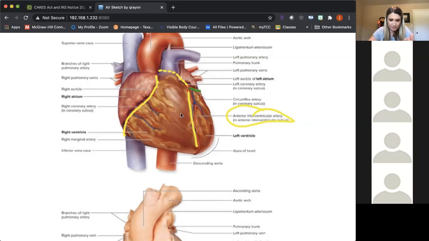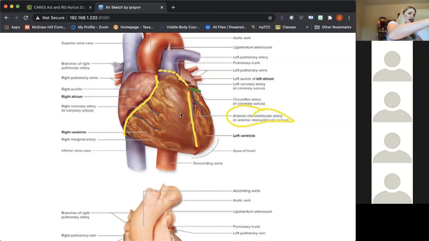The vein that goes with the coronary sulcus is the coronary sinus. The main vein that you see in the coronary sulcus is the coronary sinus, and it's best viewed on the posterior side of the heart.